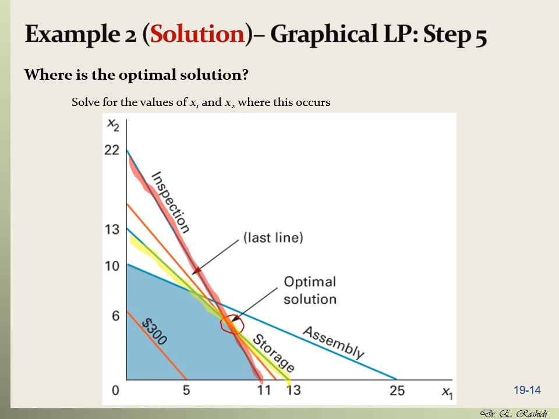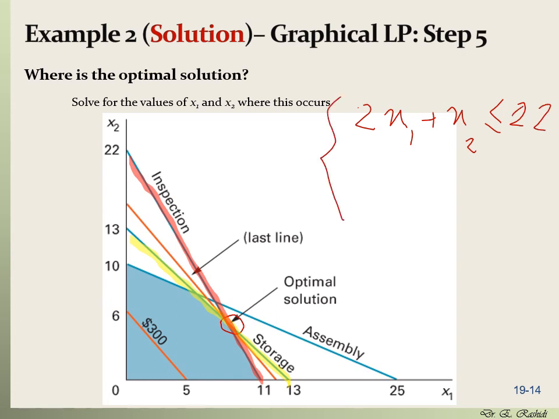So let's go ahead and write the system. The one that I highlighted in yellow is for storage, and the one that I highlighted in red is for inspection. So I'm going to write the two constraints again here. For inspection, it's 2x1 plus x2 less than or equal to 22 hours.